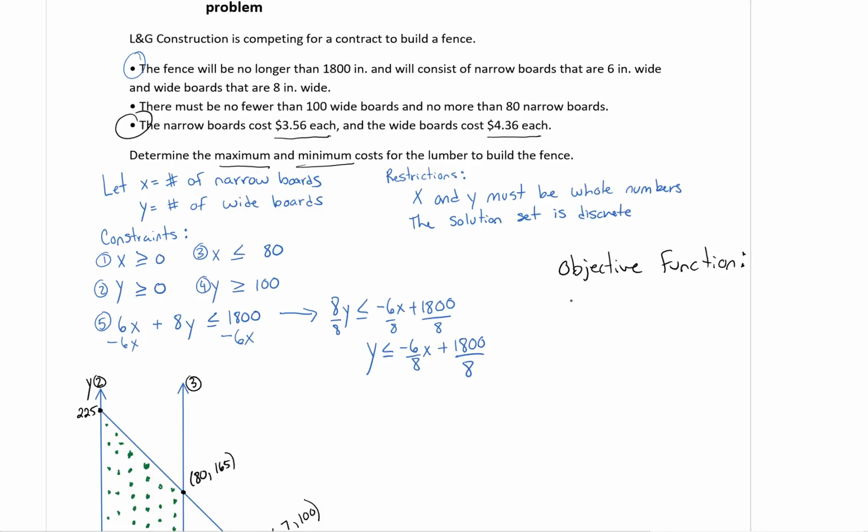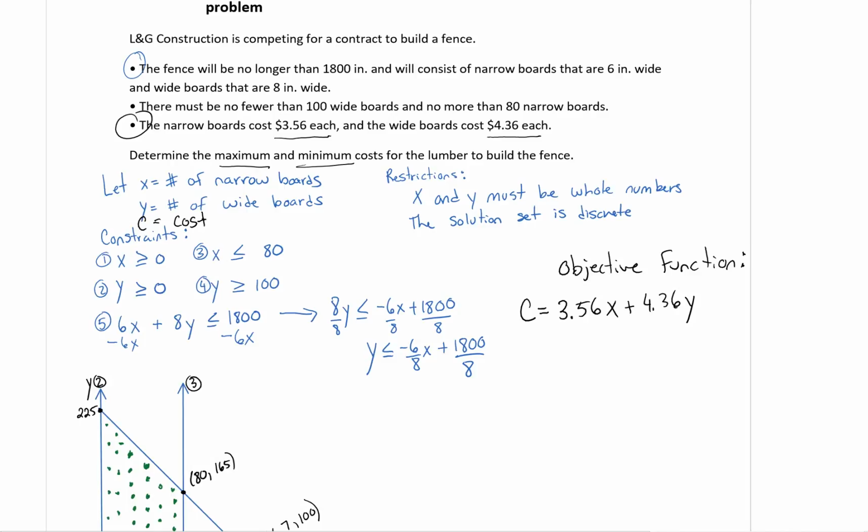We would have $3.56 times x plus $4.36 times y, and that would be equal to c. And if you want, when we're defining our variables over here, you can let c be equal to the cost. So you're defining that variable as well.